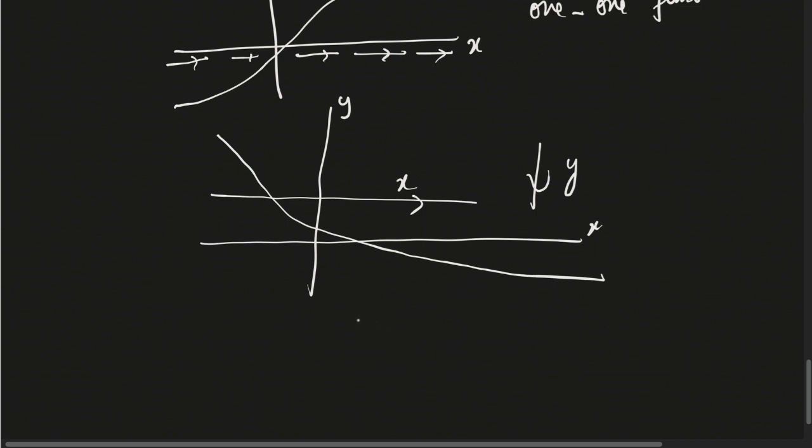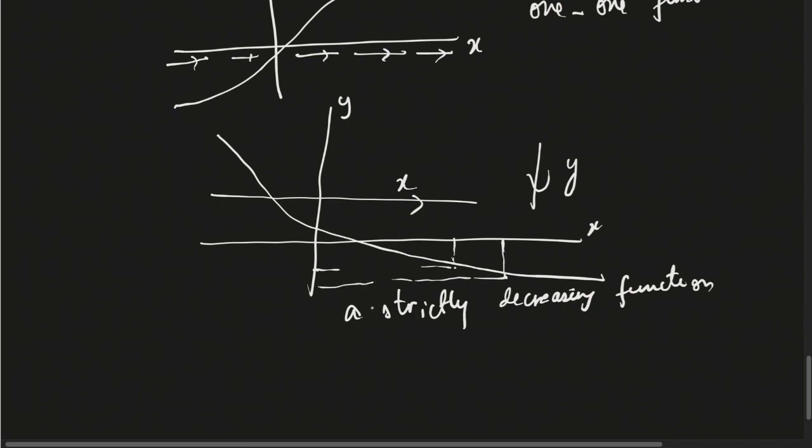So this is a strictly decreasing function. And if you see carefully, this is also a 1-1 function, because for every x there is exactly 1 y.